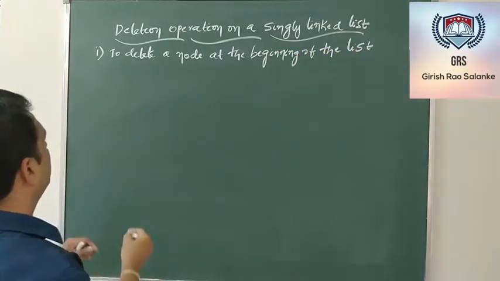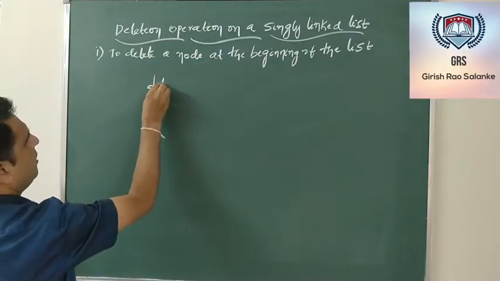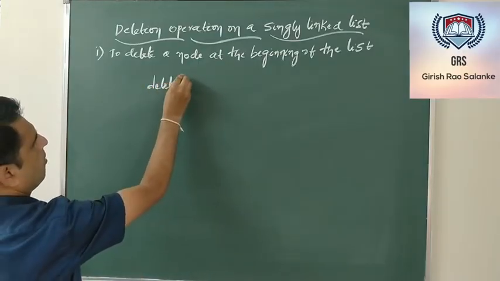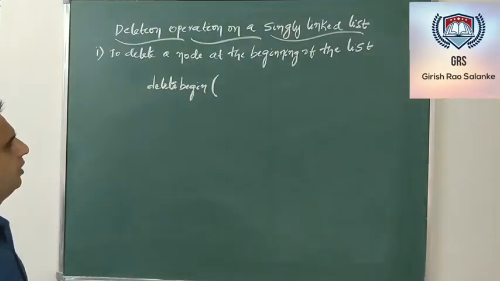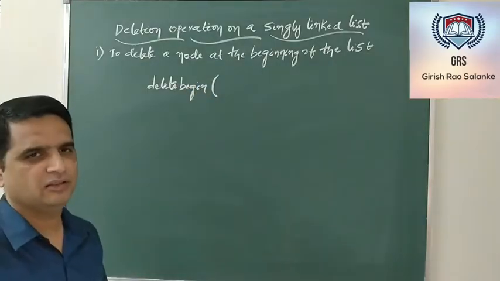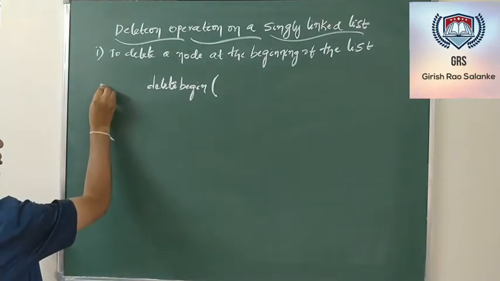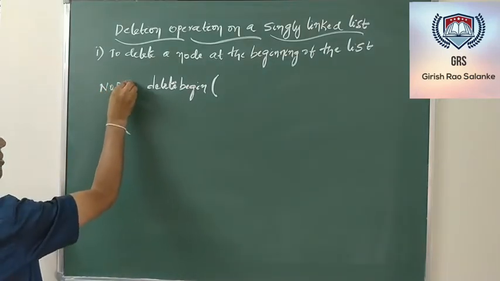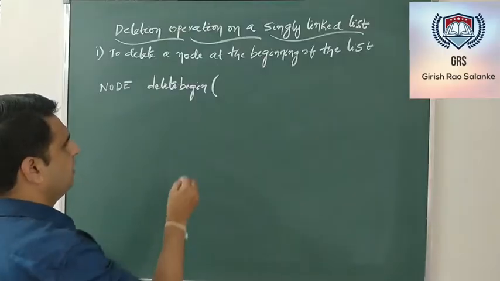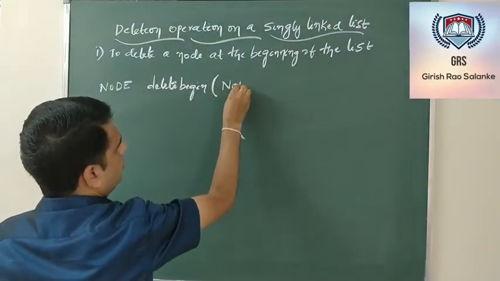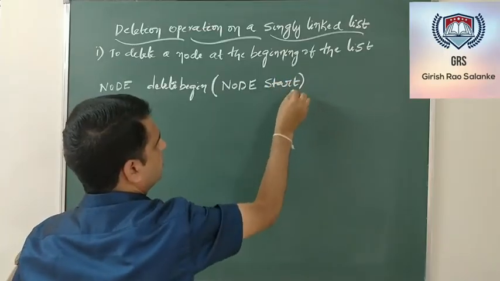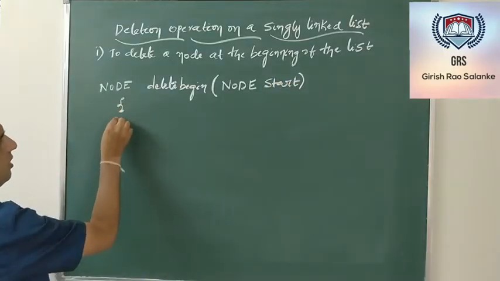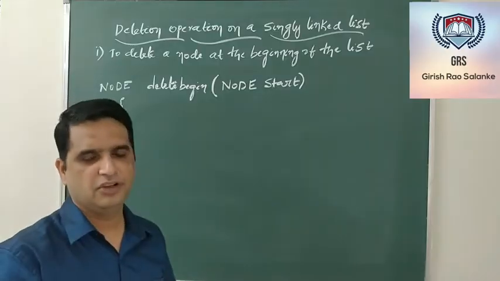Let me have the function name as delete begin. After deleting a node from the list, let the function return the address of the first node. So the return type of the function is node. The argument to the function is the reference of my single linked list, which was stored in the variable start. Start was holding the address of the first node.